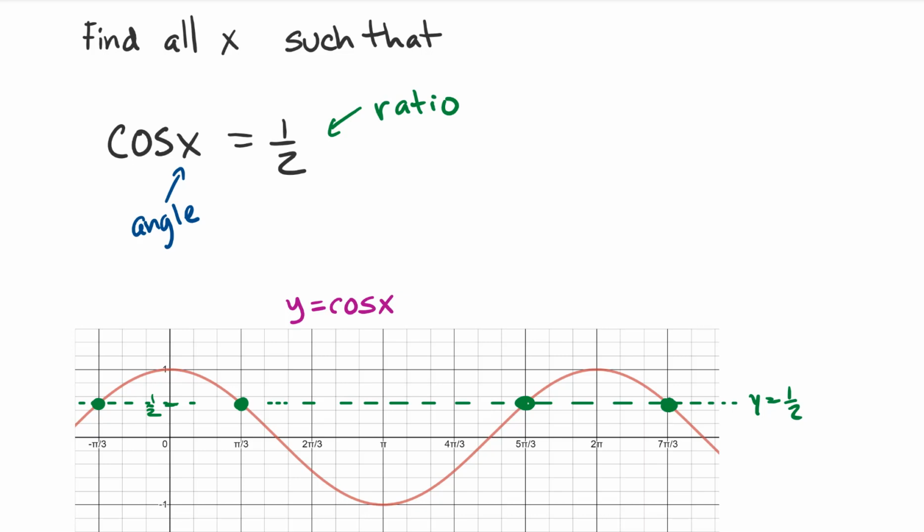We want to start by looking at this and just finding its reference angle. What angle for x is going to make this equal a half? Now, you could hit this with an inverse and go cosine inverse on both sides and say x is equal to cosine inverse of 1/2.